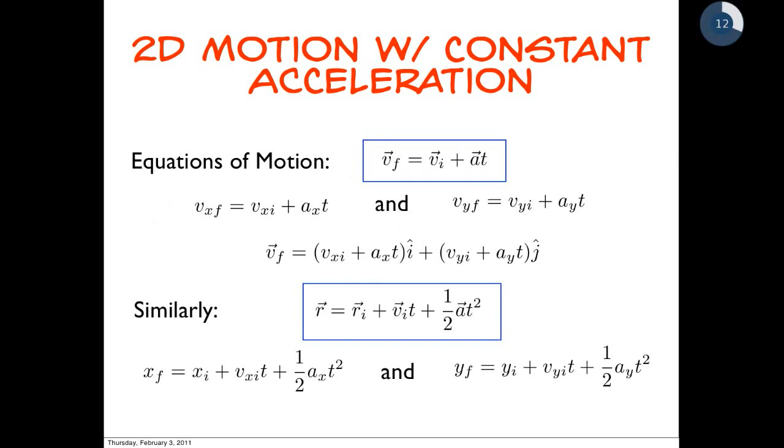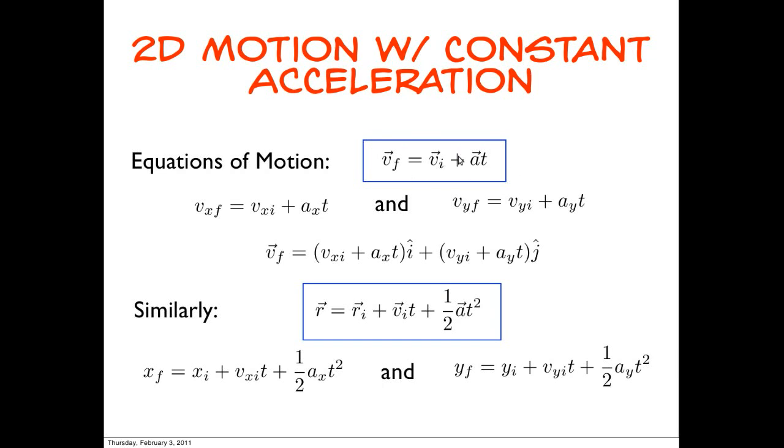In addition, we must also apply these same rules to the kinematic equations, or the equations of motion as we've been calling them. They must be applied separately in each direction. So, for example, one of our equations of motion says that the final velocity is equal to the initial velocity plus at, and here you see it in its full vector form.